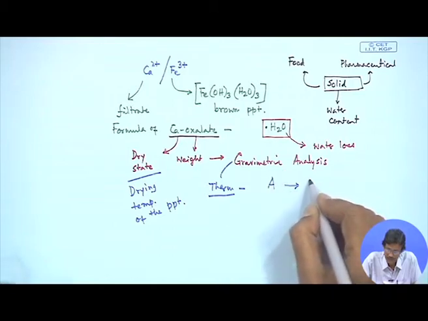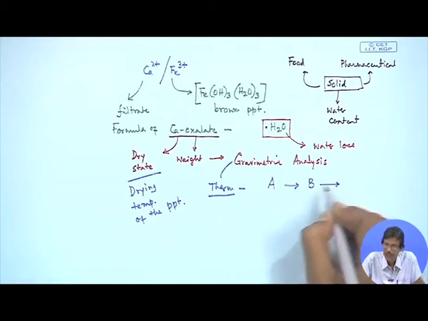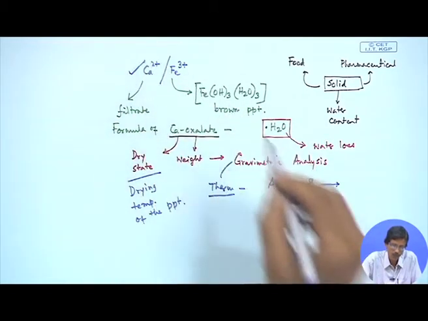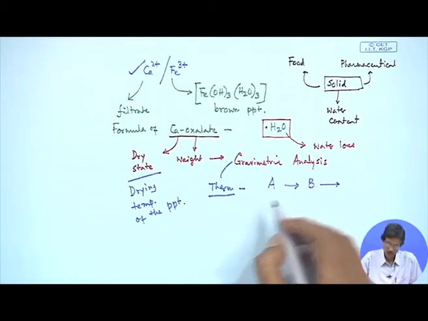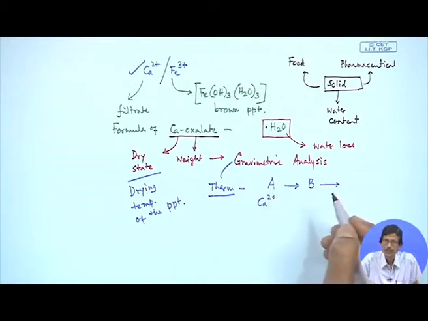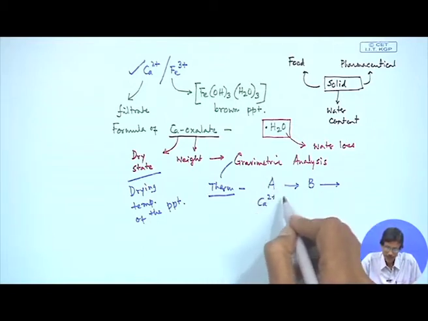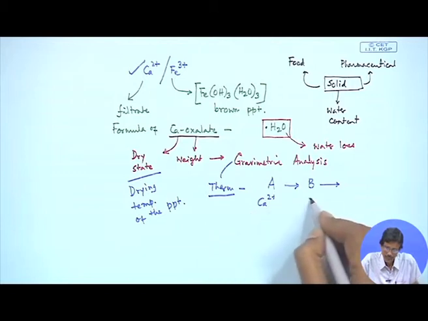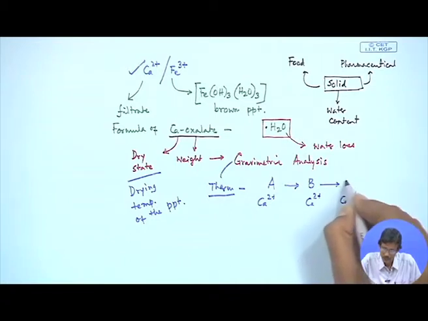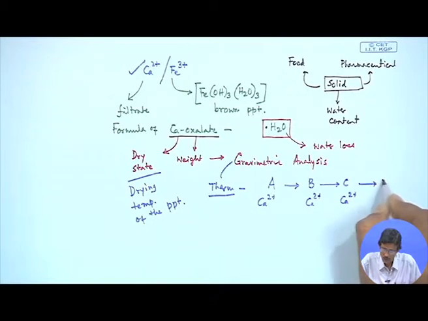So, if A is there and with temperature is converting to B, and since in all these cases we are talking about that calcium. So, if we have a compound which bears calcium 2 plus, so calcium bearing one species, then that can be converted to another species, then it can go to another third species, or it can go to the last one, which is another one based on calcium 2.